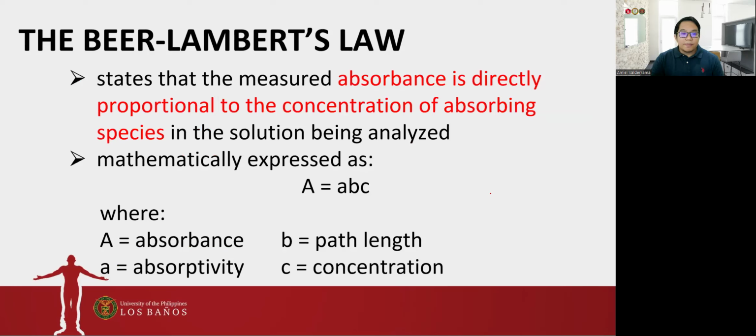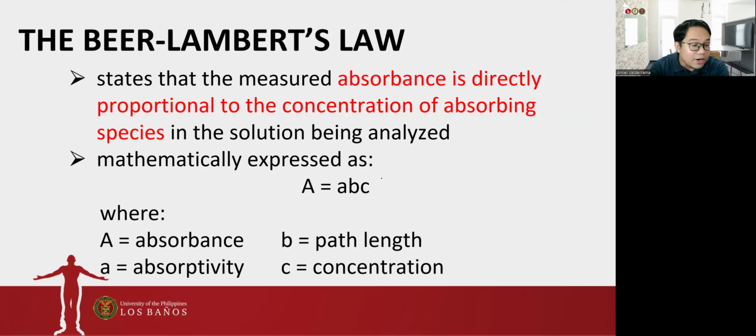So it just states mathematically that A = abc. So basically madali lang, no? And very madaling tandaan. Yung capital A natin is the absorbance. Yung small letter a natin is the absorptivity. The small letter b is the path length. And the small letter c is the concentration.